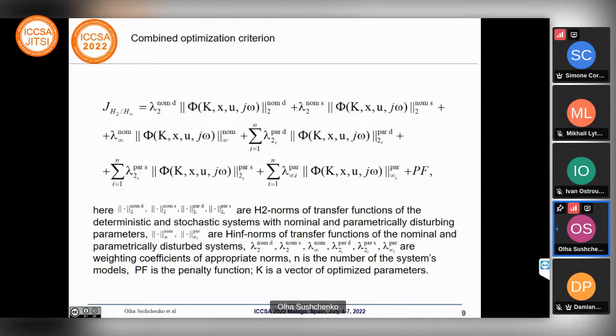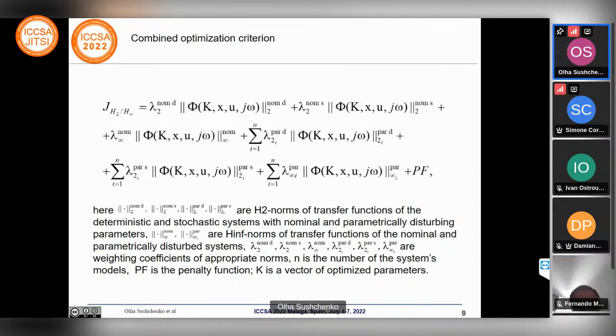And also an important component of this optimization criterion is PF, the penalty function. The thing is that stabilization and control systems are characterized by such an important property as stability. And the penalty function helps us to avoid designing in the region which is unstable for systems.